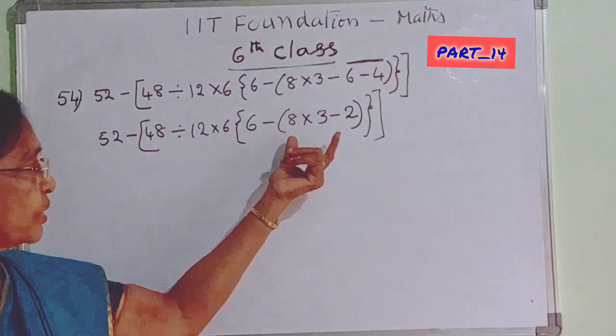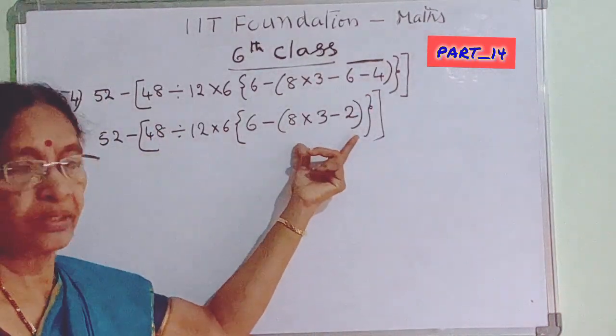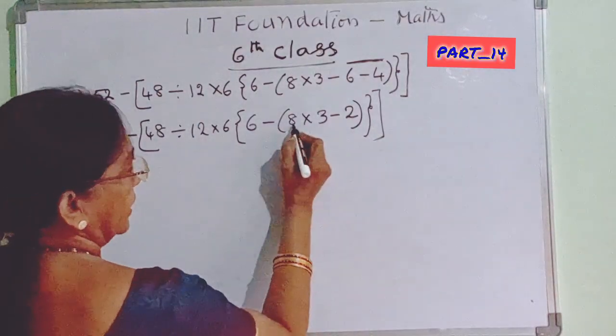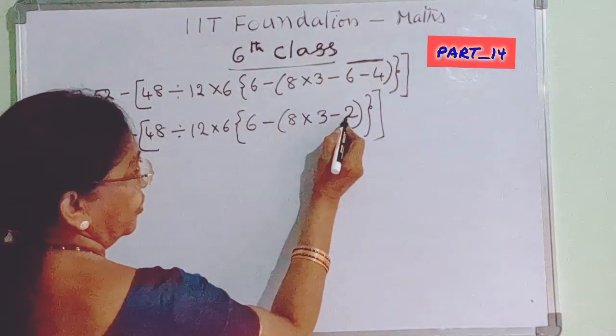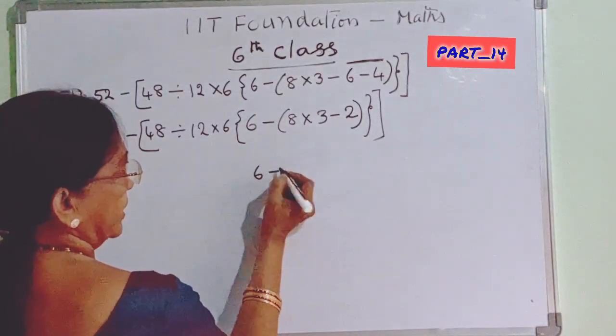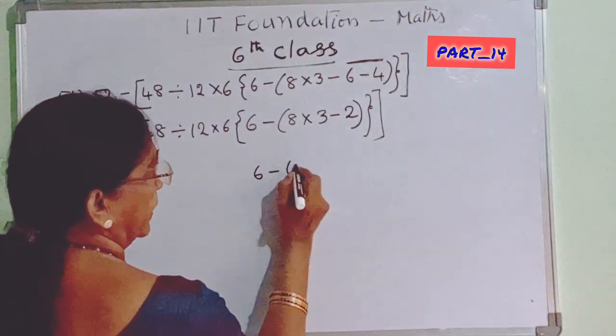Next, we have to simplify this expression in the small brackets. So 8 into 3, 24. 24 minus 2, 22. Therefore, this is 6 minus 22.